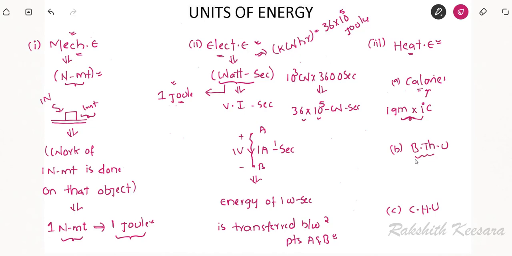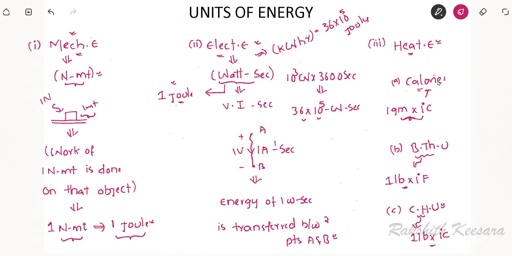Next, let us say BTU. This is defined as the amount of heat required to raise the temperature of 1 pound of water by 1 degree Fahrenheit. Next, CHU: the amount of heat required to raise the temperature of 1 pound of water by 1 degree Celsius.